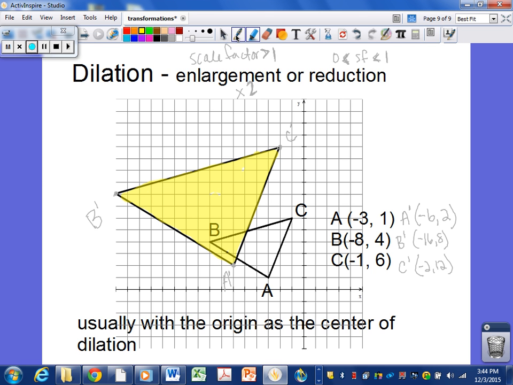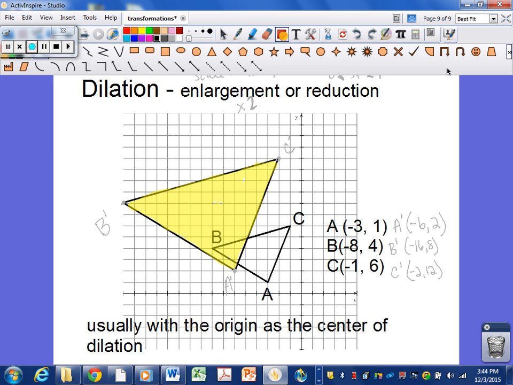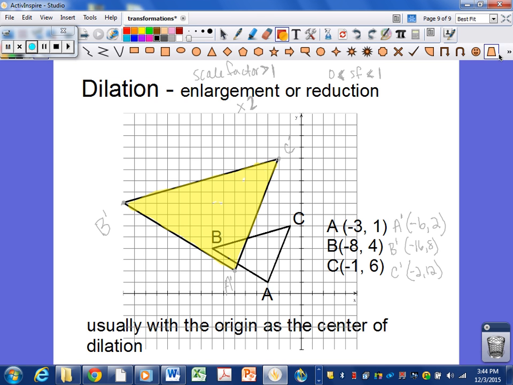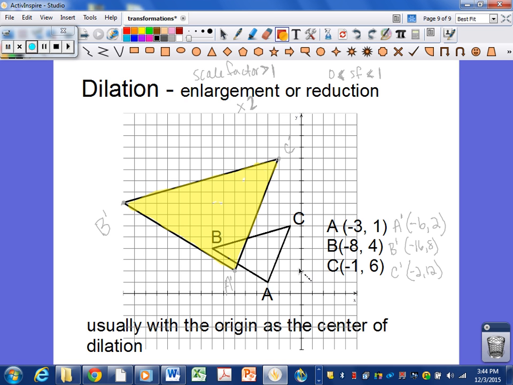Now what's also kind of neat, artistically speaking, is we can draw a line from your center of dilation, in this case the origin, through each of these corners or vertices, and they will match up exactly.